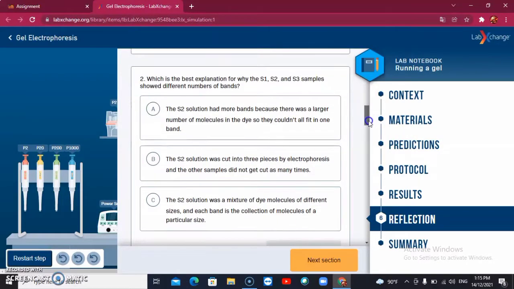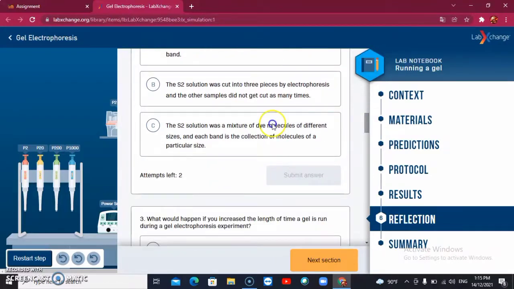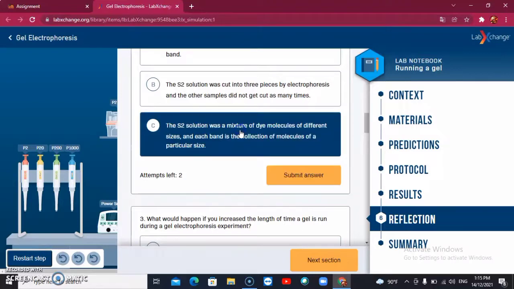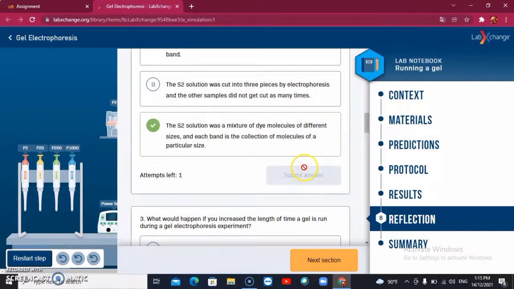The second question is, which is the best explanation for why the S1, S2 and S3 samples show different numbers of bands? The S2 solution was a mixture of dye molecules of different sizes and each band is the collection of molecules of a particular size.